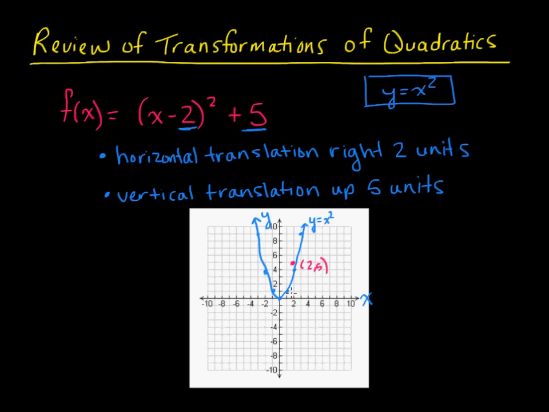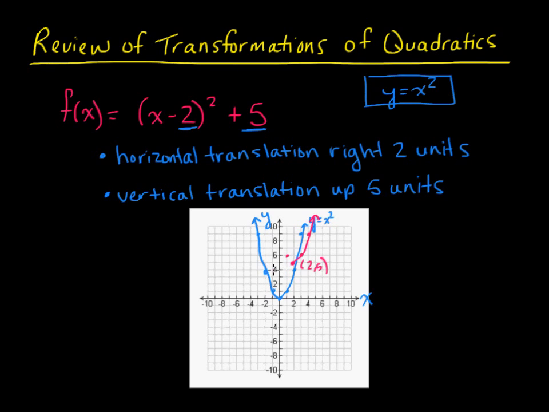Okay. The next point, I'm going to shift again to the right 2 units and up 5. The point's going to be here. Same with this point here at (2, 4), I'm going to shift to the right 2 units and then up 5 units. There's one part of our parabola. And then this point, I'm going to shift to the right 2, up 5.